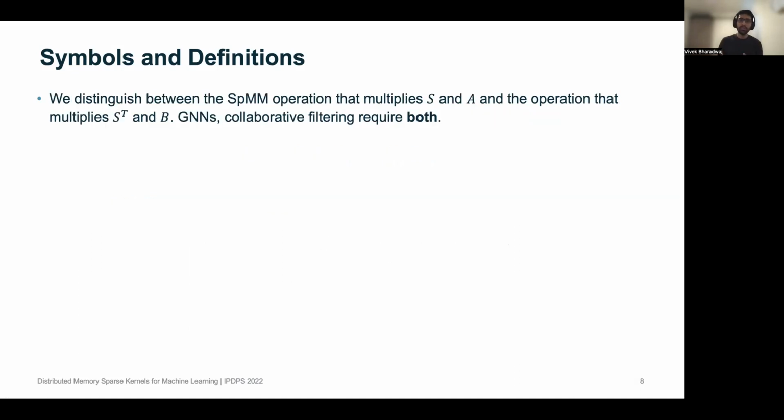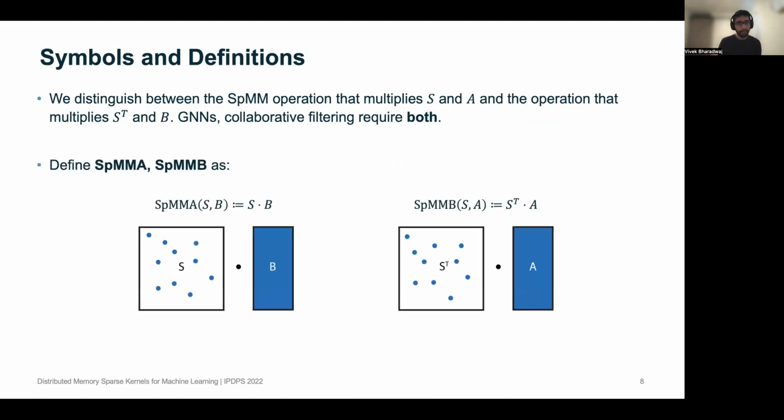And I'm going to distinguish between the SpMM operation that multiplies S and B and the operation that multiplies S transpose and A. The reason we're going to do this is that several applications that we're going to see, such as graph neural networks and collaborative filtering, require both of these operations alternately. So I'm going to define SpMM A and SpMM B as follows.